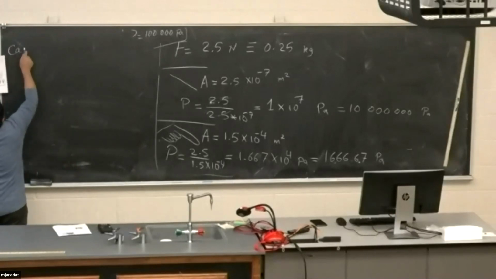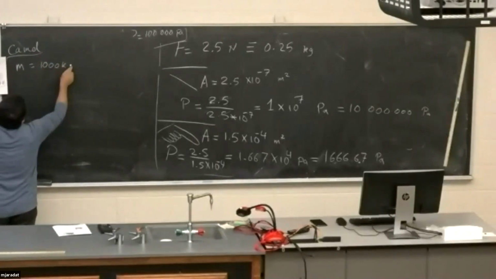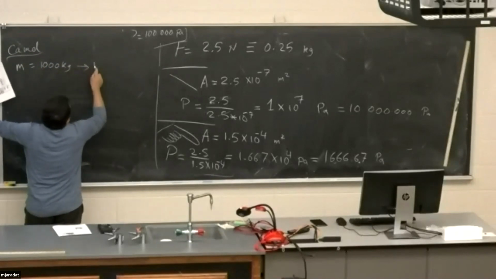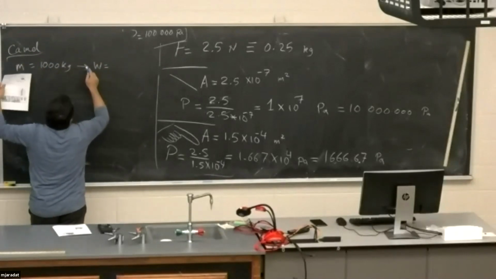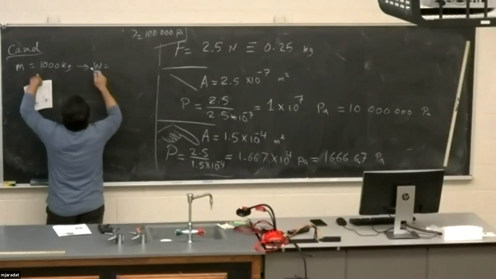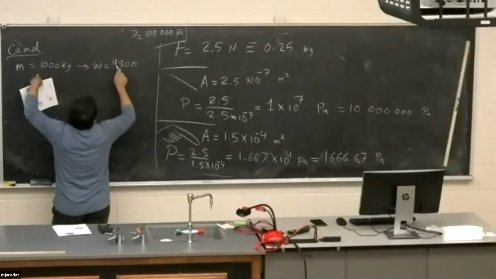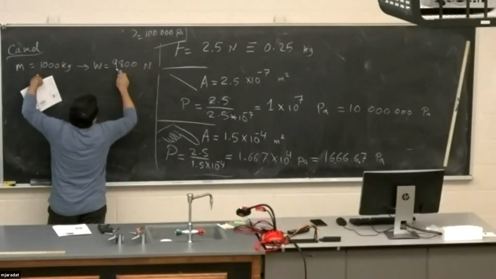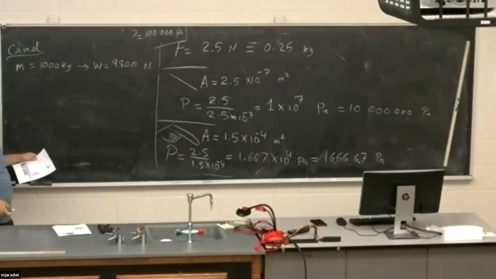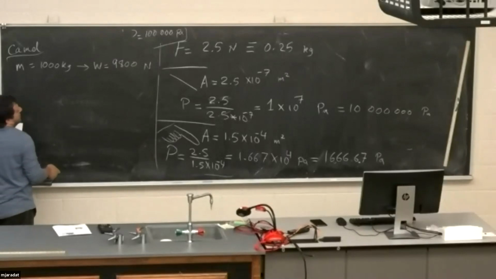For the camel, his mass is almost 1,000 kilograms. So its weight is equal to mg, which is 1,000 multiplied by 9.8, which is 9,800 newtons. His weight, okay?